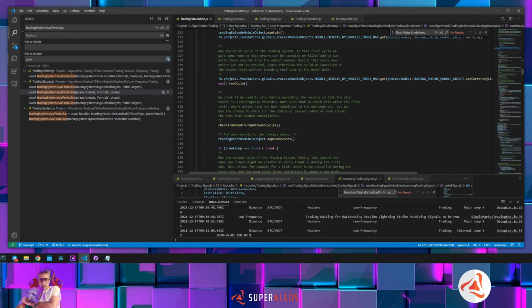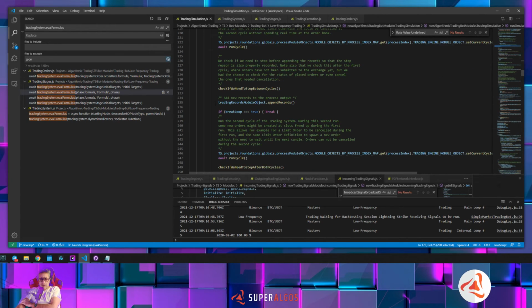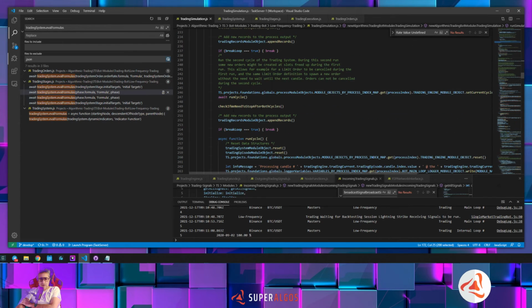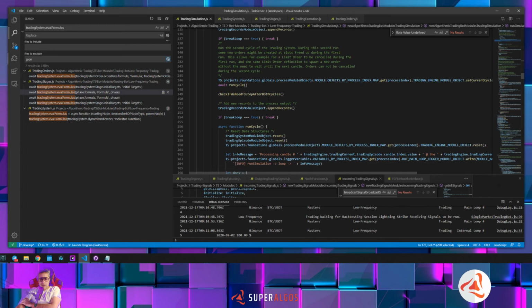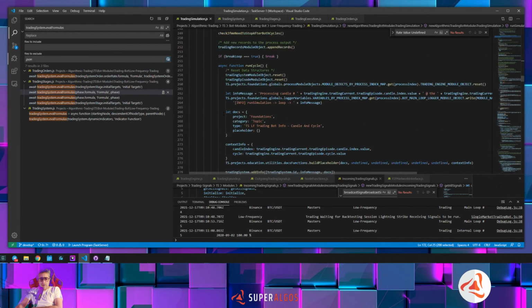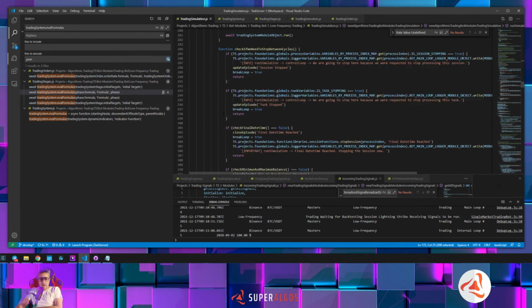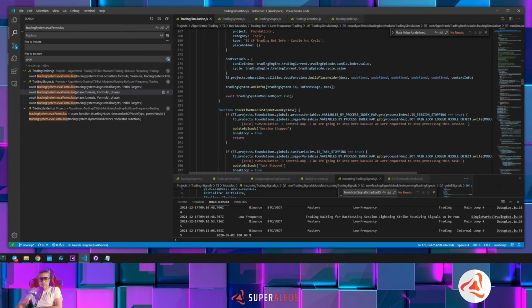So here I see how this executes. Append records. Check if we need to stop. Run cycle. Check if we need to stop.